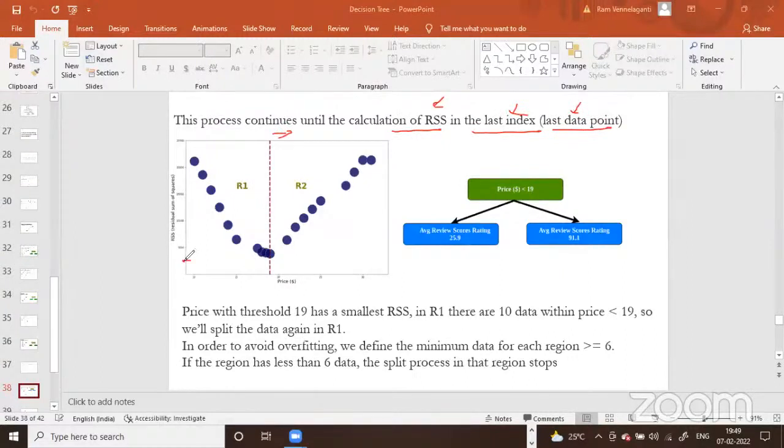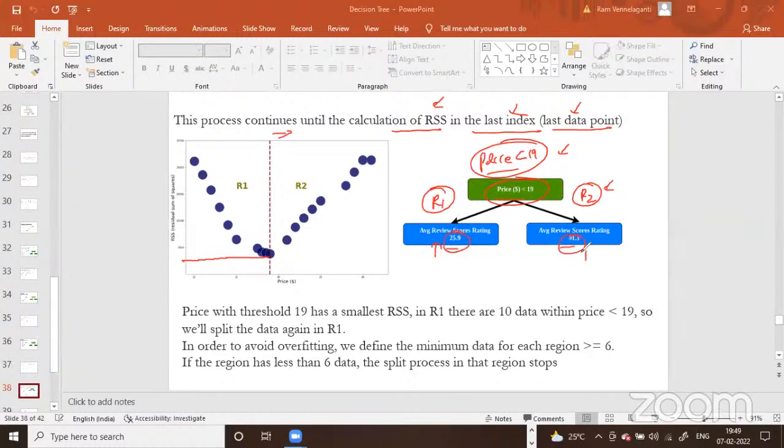Now at this point, at price less than 19, what is that we are getting? We are getting our region 1 and region 2. So what is the review score rating in region 1? 25.9.